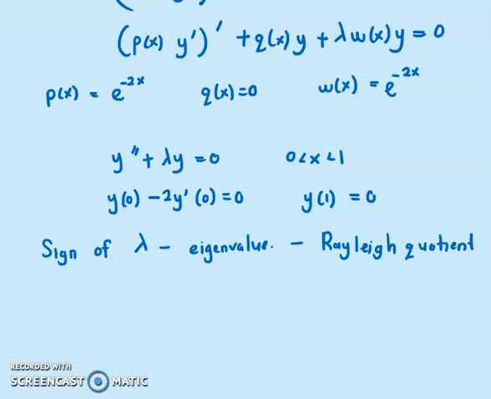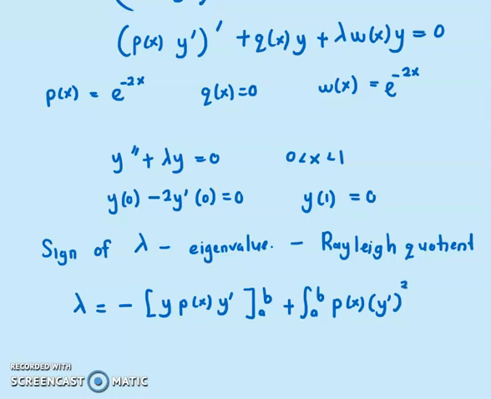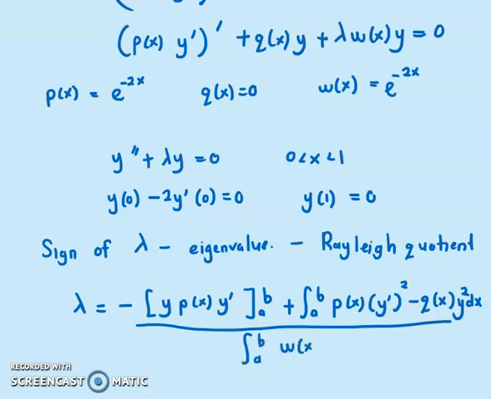The Rayleigh Quotient is given by: lambda equals negative y p(x) y prime from a to b, plus the integral from a to b of p(x) y prime squared minus q(x) y squared dx, over the integral from a to b of omega(x) y squared dx.